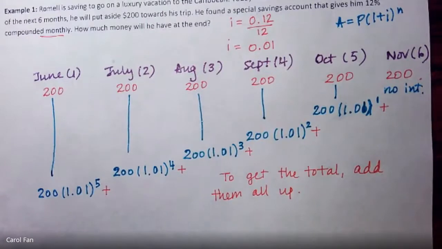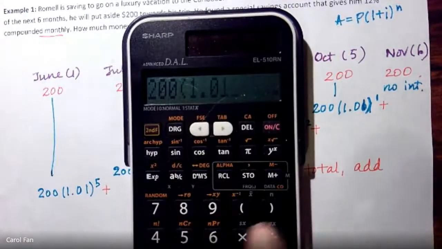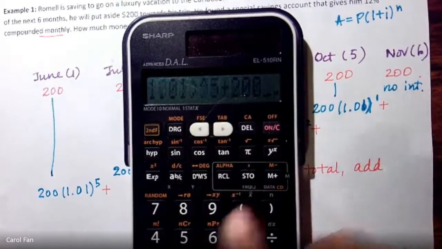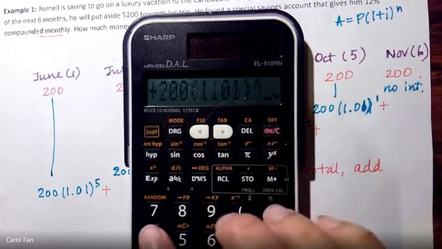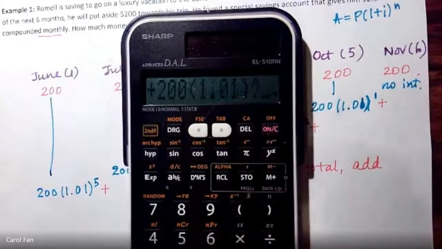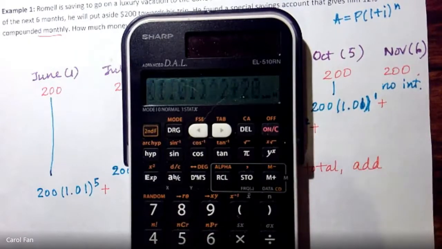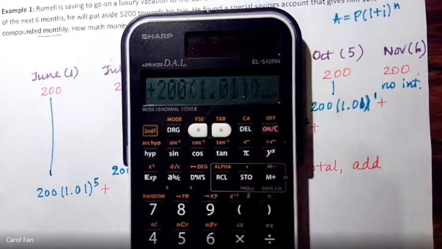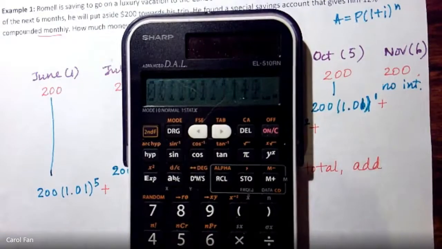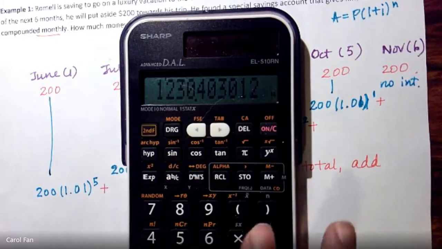I'm going to throw this all into a calculator. 200 times 1.01 to the power of 5 plus 200 times 1.01 to the power of 4 plus 200 times 1.01 to the power of 3 plus 200 times 1.01 to the power of 2 plus 200 times 1.01 to the power of 1, and then our last month, which got no interest, just 200. In total, we have $1,230.40.